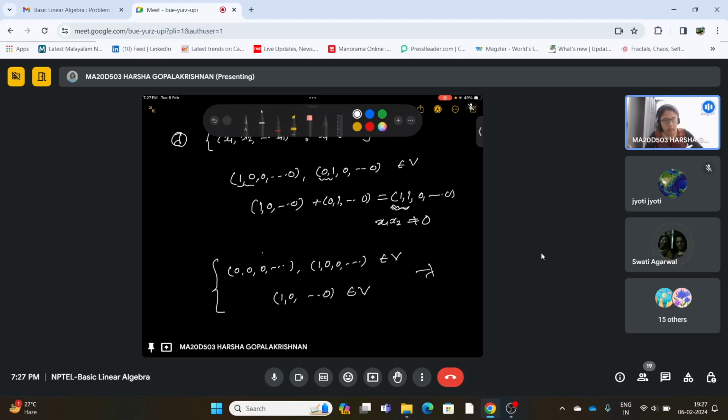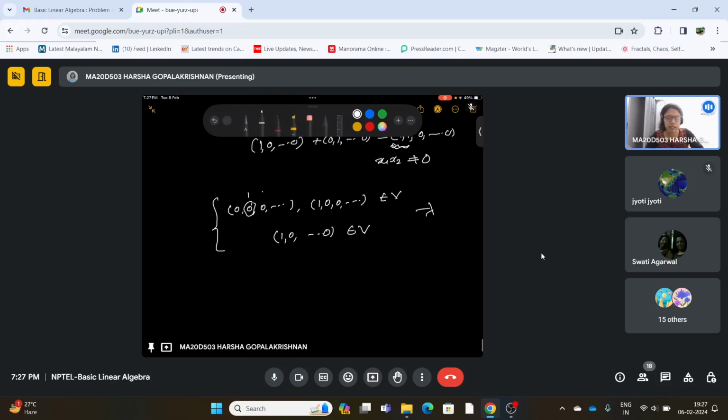Then from this I understand that maybe I can modify it to (1, 1, 0, 0, etc.); that still belongs to V, but its sum does not belong to V. So that is how from one trial we go to the other one and check the conditions. Is that okay?